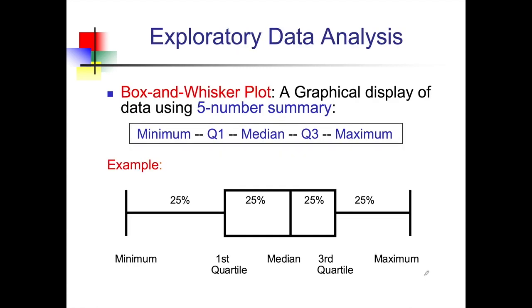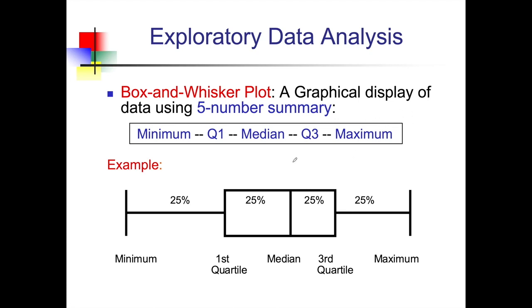For the Box-and-Whisker plot, it is a graphical summary of data using the 5-number summary, which are the minimum value or the lowest value of our dataset, the quartile 1, the median value, also the quartile 2 of our dataset, the Q3, and of course the maximum value or the highest value of our dataset.